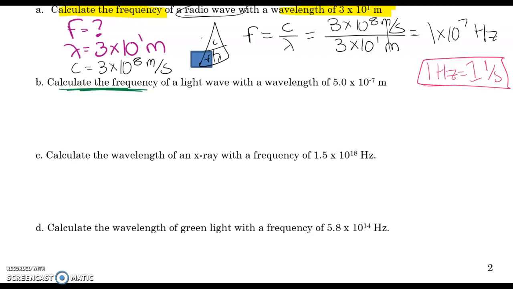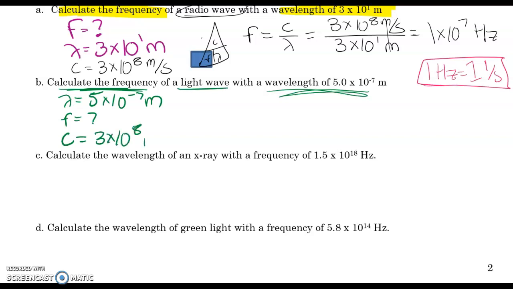We can keep going here. We're trying to calculate the frequency, and we're given a wavelength of 5 times 10 to the negative 7 meters. Again, we have a light wave, so we know our c is 3 times 10 to the 8th meters per second.